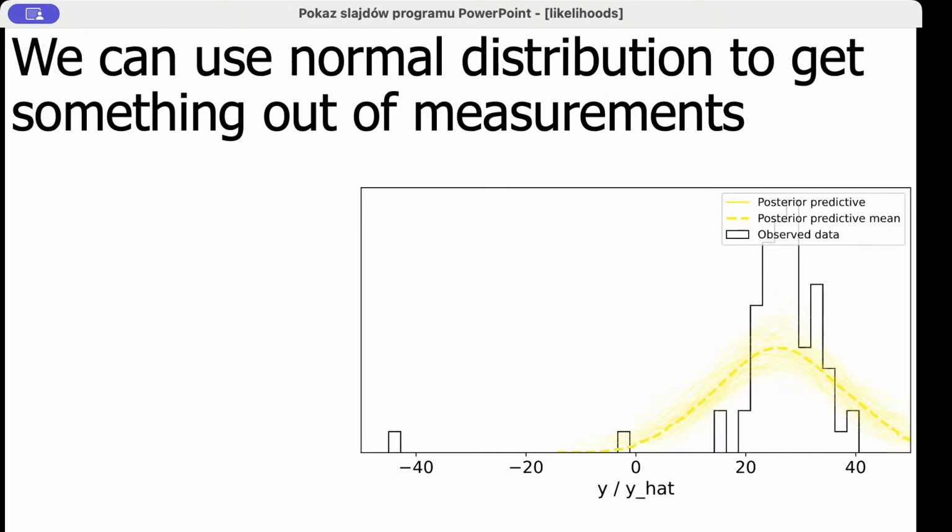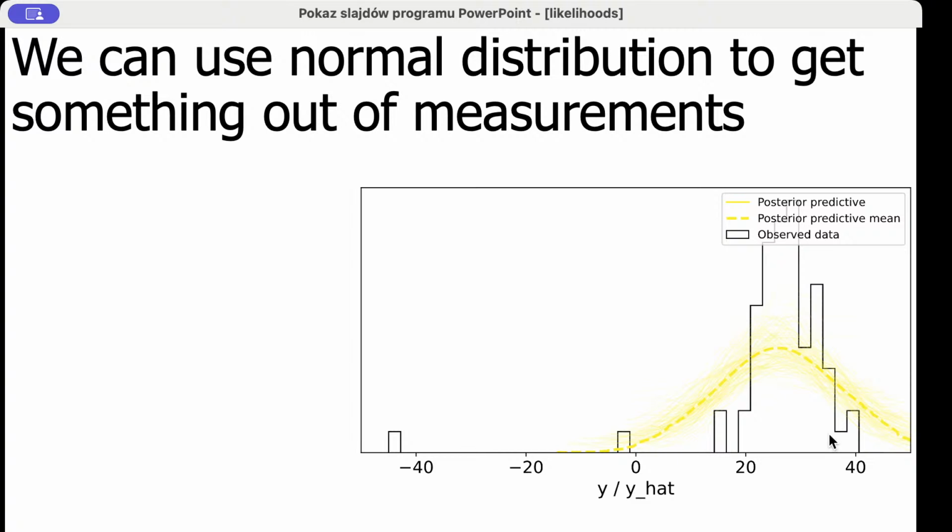We can use normal distribution to create a model explaining what the mean speed of light would be on this scale, and sigma would be the uncertainty about it. And we can use, in this case, kernel density estimators to analyze what the posterior predictive results will look like.